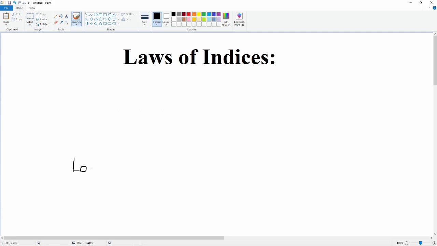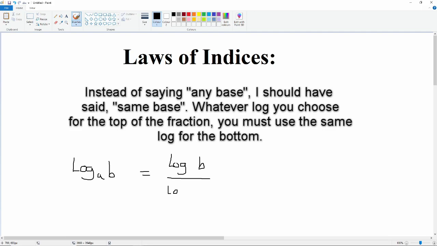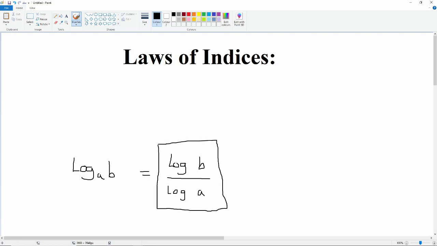The log to base a of b is equal to the log of any base of b divided by the log of any base of a. That's the base change formula. It's just worth knowing for when you use a calculator.